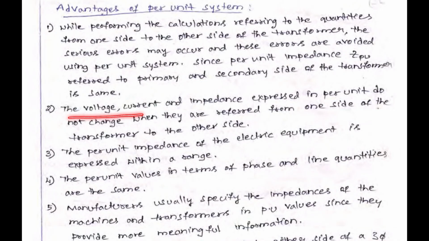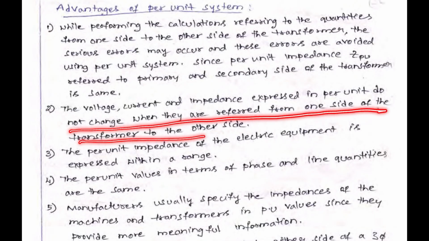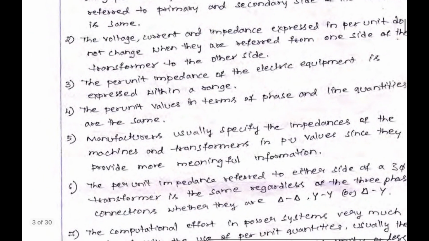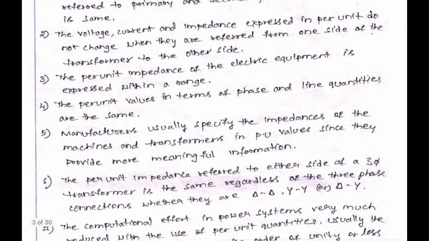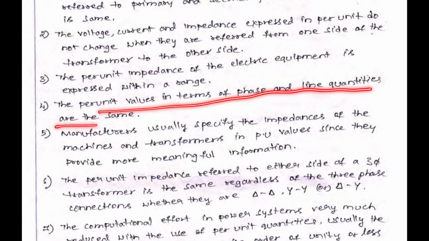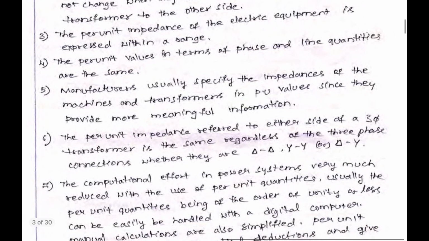The voltage, current and impedance expressed in per unit do not change when they are referred from one side of the transformer to another side. That's what here we are discussing. Per unit impedance of the electrical equipment is expressed within a range. Per unit values in terms of phase and line quantities should be the same.